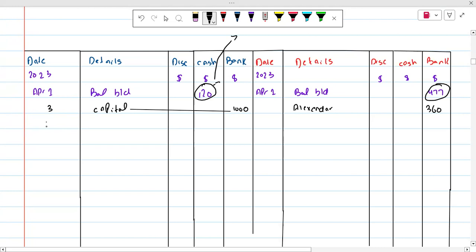It happened on 10 April, and this is sales, for 695.